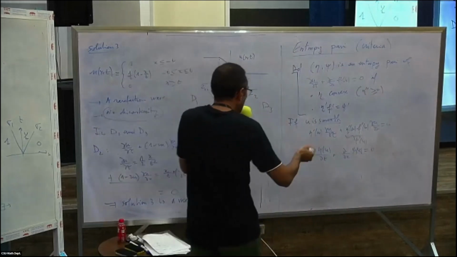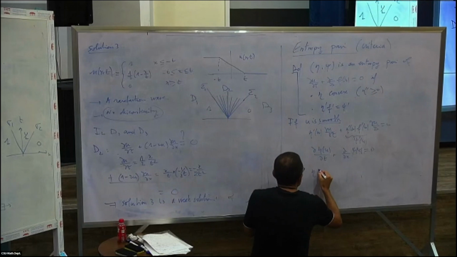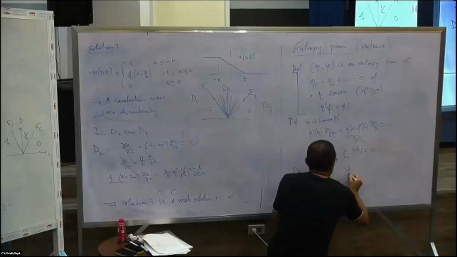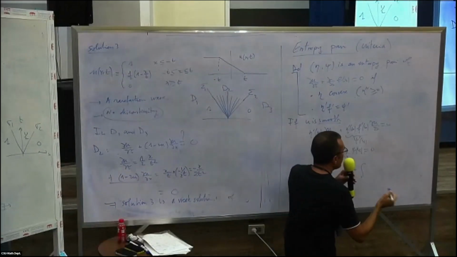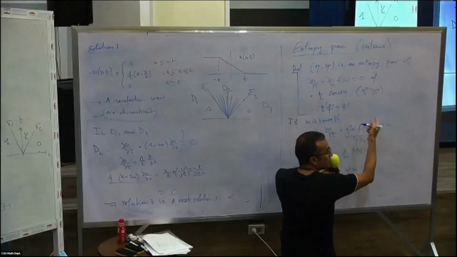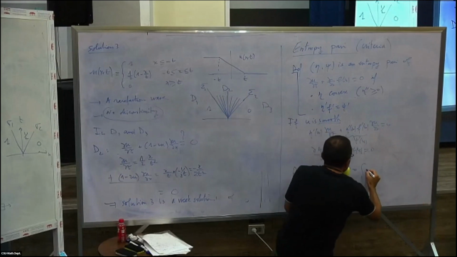So you take any eta convex and psi the primitive of eta prime f prime.